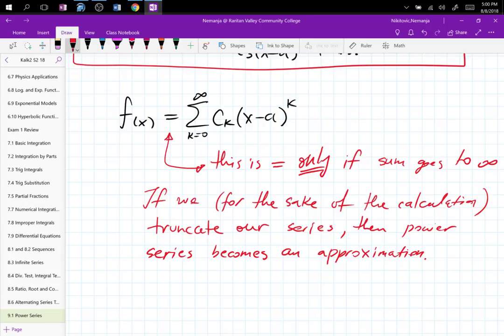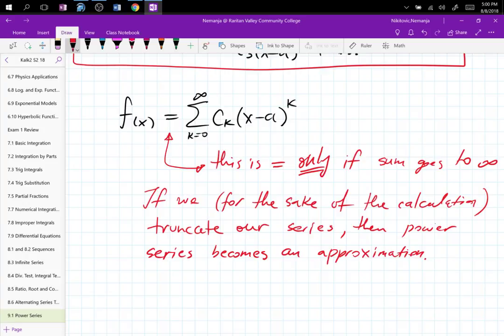So what I'm going to tell you is that I can write e to the x as an infinite polynomial, and I will have an equal sign in between e to the x and the power series. I can write sine x is equal to some kind of power series, but that's only equal if the summation goes to infinity.